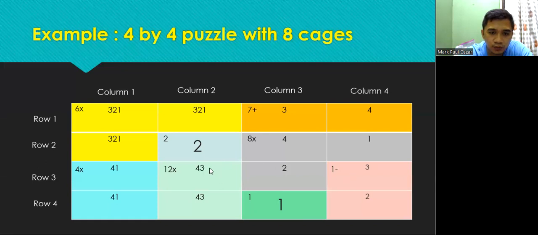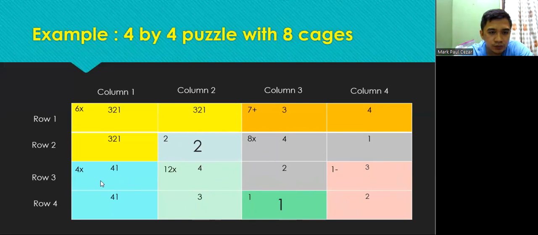Because if I'm going to put 3 here, then I'm already breaking our rule. Right? So, I'm just going to try to put the 4 here and then 3 here. Then, are we still good? Yes, I think we're still good with this. There is no repeated number.